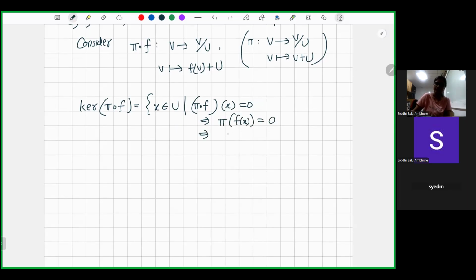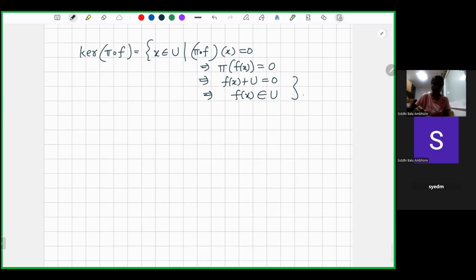That implies that F of x must belong to U. So the kernel of pi composed F is just all those x such that F of x belongs to U, which is just F inverse of U, right?